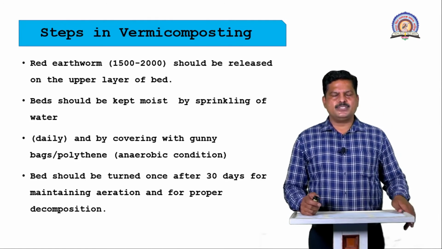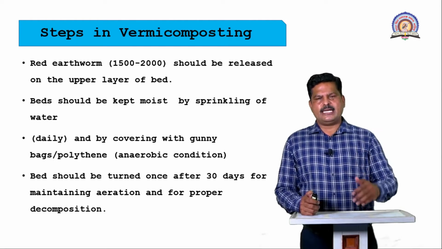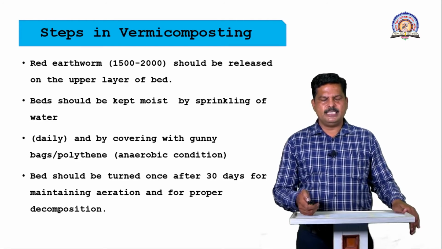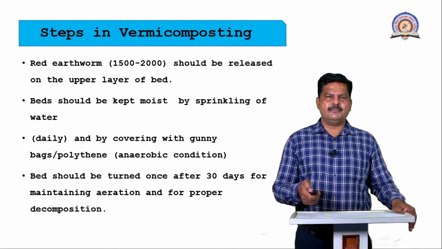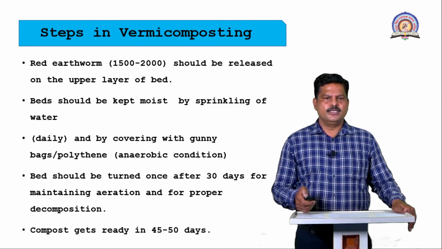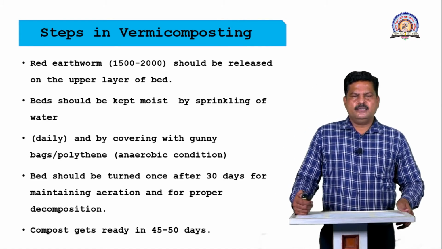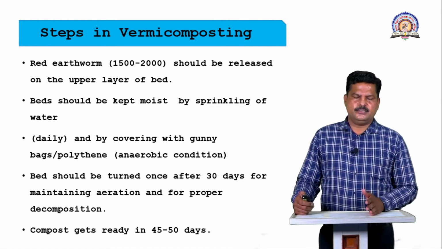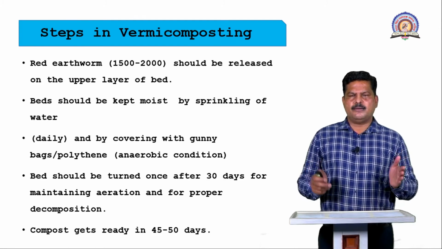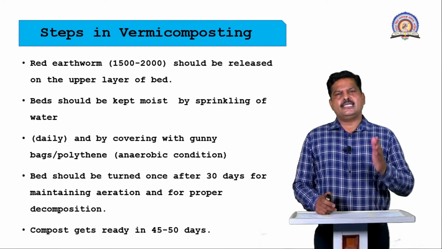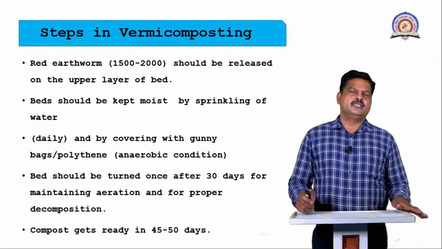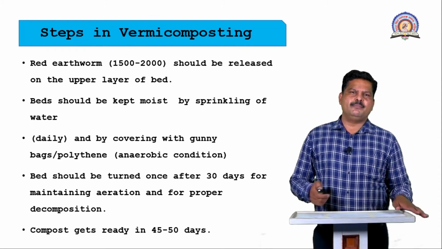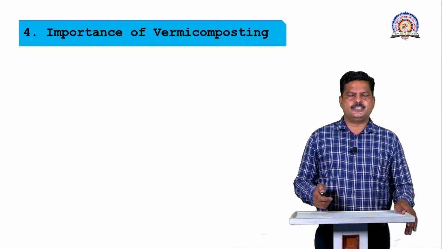So for the formation of humus, these practices should be completely followed in the vermitechnological unit. Then after 45 to 50 days, the compost is completely converted into humus, and you can use that humus for feeding earthworms in vermitechnological applications.